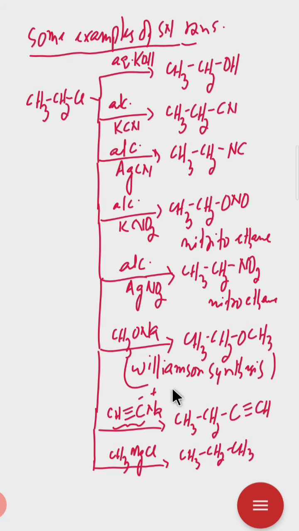These are some examples of nucleophilic substitution reactions of haloalkanes. I'm taking the same haloalkane so that we can write the products easily. Okay, these are some examples of SN reactions of haloalkanes.